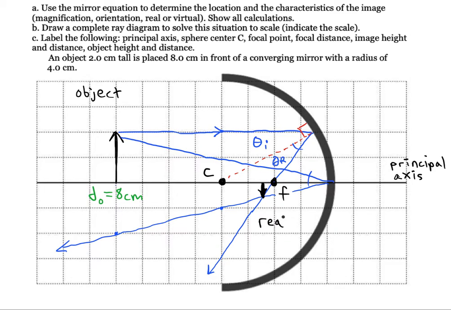I say it's real because the rays really do go through that point. So this is a real image. It is inverted. All right, and that's going to be the location of it, DI.